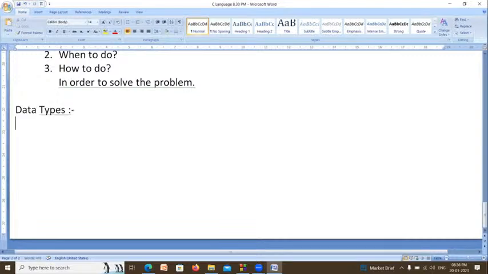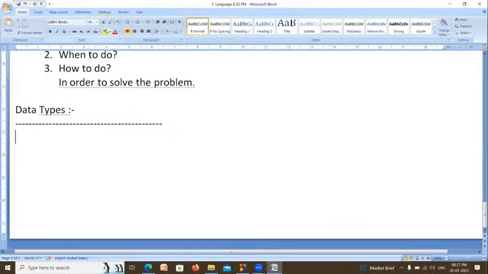Data types available in C language. What is the meaning of data type? What are the types of data available in C?